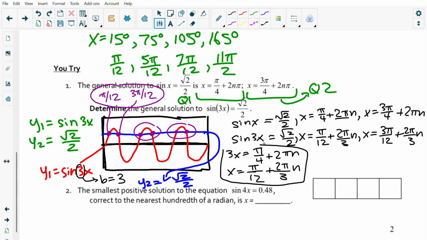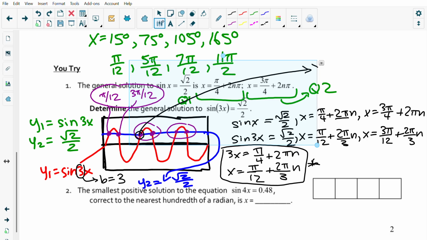Okay, so let's test that out by just looking at our graphs. Remember this part. Let's look at this one right here on our graphing calculator. So when we graph it and do the intersect, I get 2.3561945.